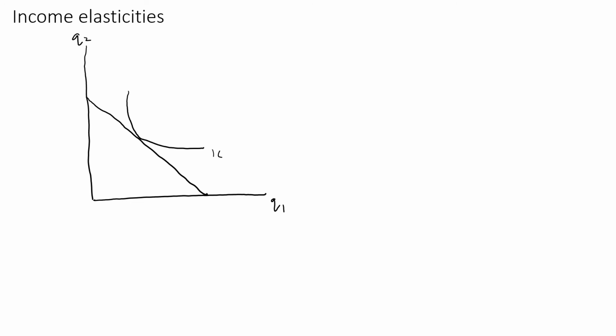At this point, the amount of Q2 we consume, we call that Q2A, and the amount of Q1 we consume, we call Q1A, and this equilibrium point, let us name it as point A. So point A is our equilibrium, with Q1A, quantity 1 consumed, and Q2A, quantity 2 consumed at this specific point.